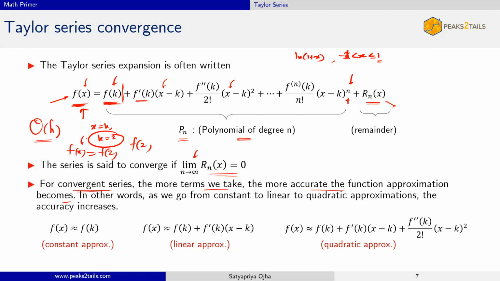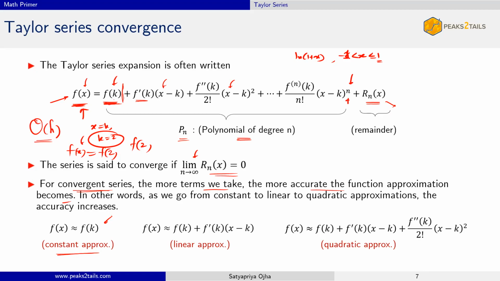If you take only the first term, it is called a constant approximation. I'm saying f of x is equal to f of k. This will be exact only at one specific point. Where is that? F of x would be equal to f of k only at one specific point. In all other points, there will be errors.